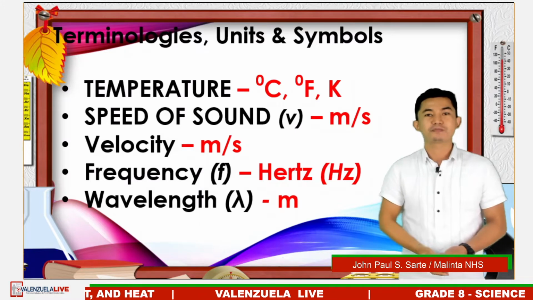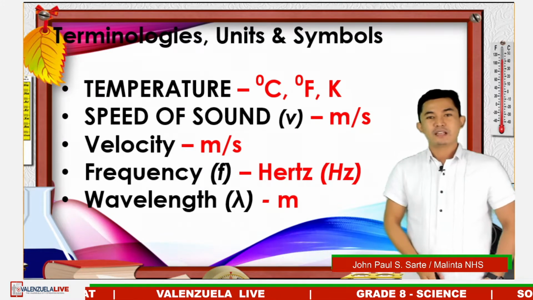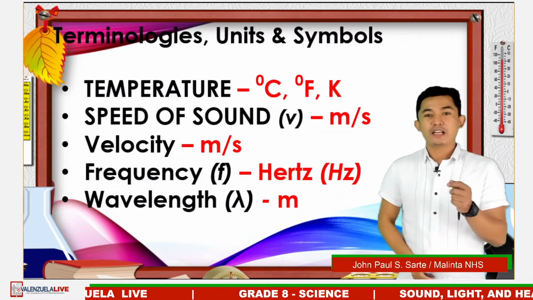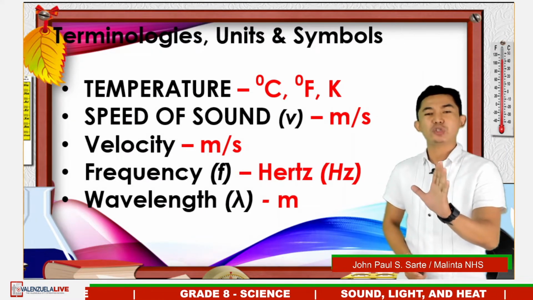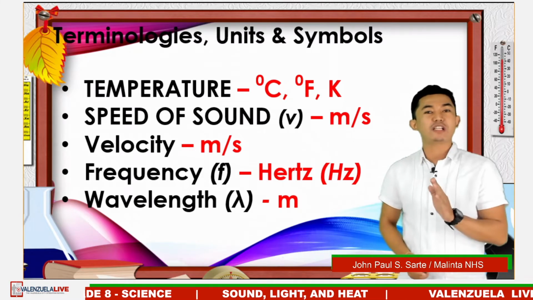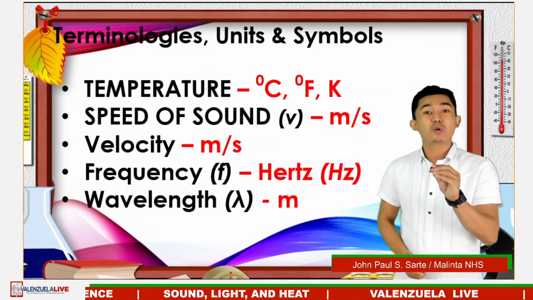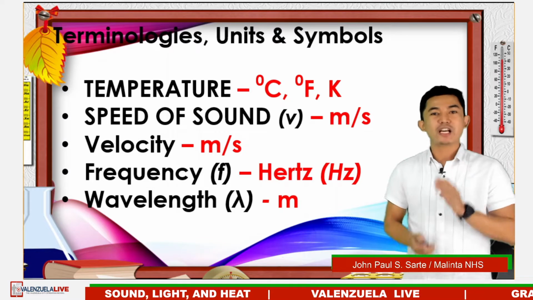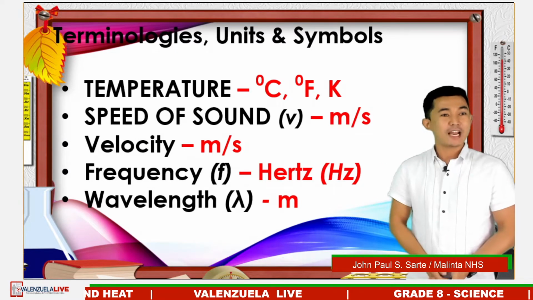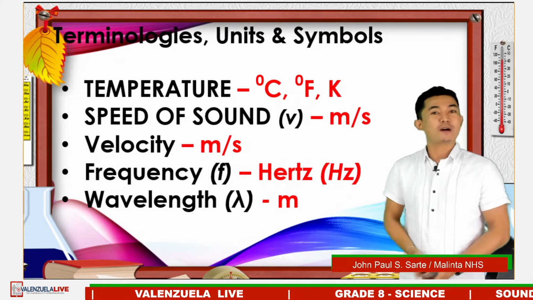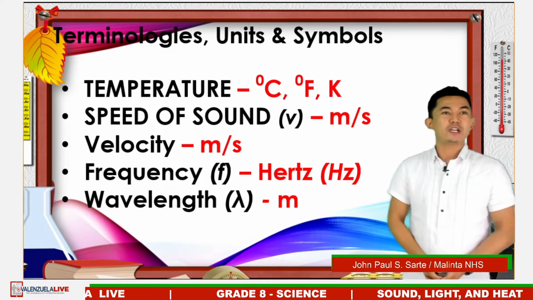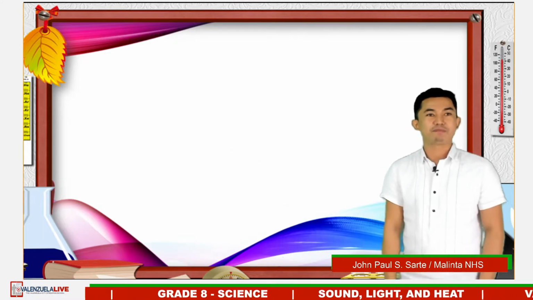Anyone? Correct. Actually, speed has something to do with how fast something moves, while velocity is the speed with direction. Actually, Sir JC talked about that last meeting. Okay? Any questions so far? None. Okay, let us move on to our next slide.